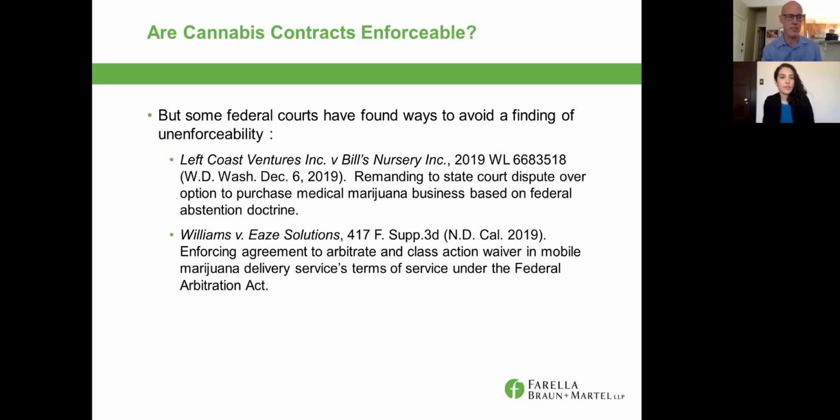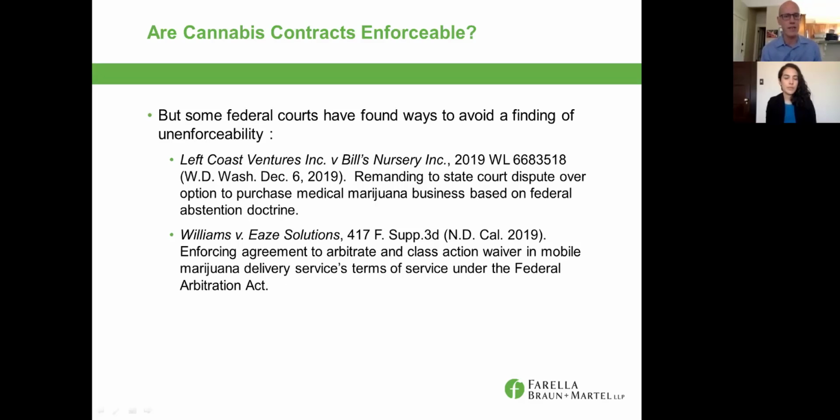Now, in this case, the judge, rather than addressing this conflict between federal law and Washington state law, sort of punted. The judge relied on federal abstention doctrine to remand the case back to state court. The judge basically said, this is an issue that needs to be worked out by state court in the state of Washington. So I'm not gonna deal with this now. And the judge remanded the case down to the state court.